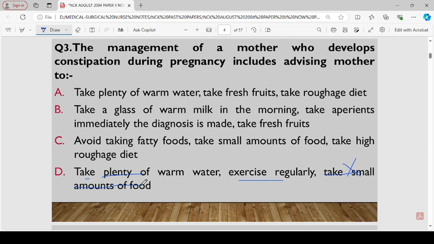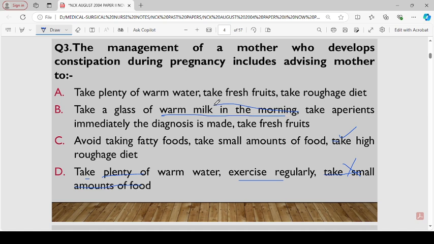Option C, avoiding fatty foods, taking small amounts of food, and taking a high roughage diet. I think taking a high roughage diet is the only correct option in this case. The others are not. Option B, taking a glass of warm milk.